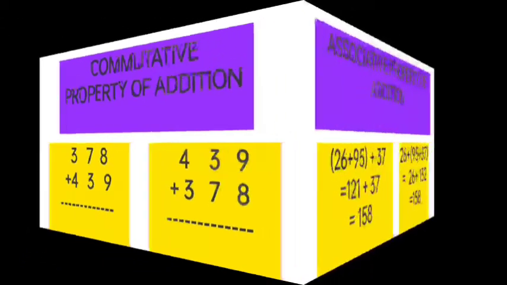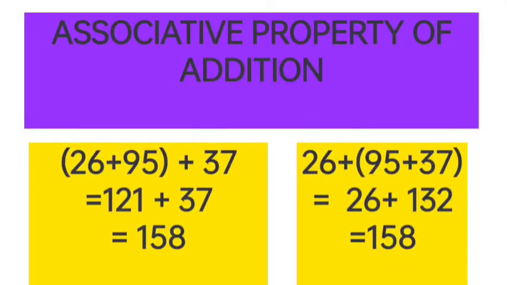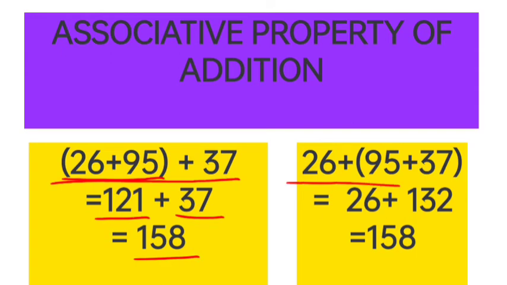The next property is the associative property of addition. Let's take three numbers: 26, 95 and 37. First add 26 and 95. What do we get? 121. Then add 121 and 37. What do we get? 158. Now let's add in different groups.